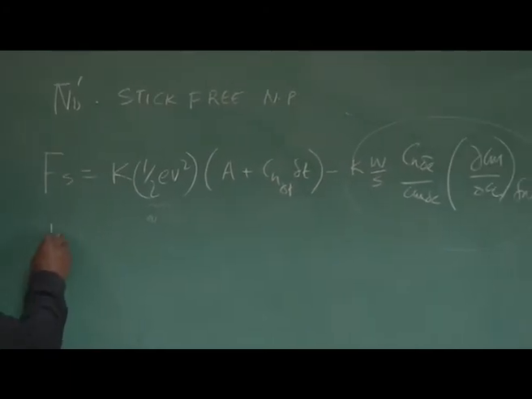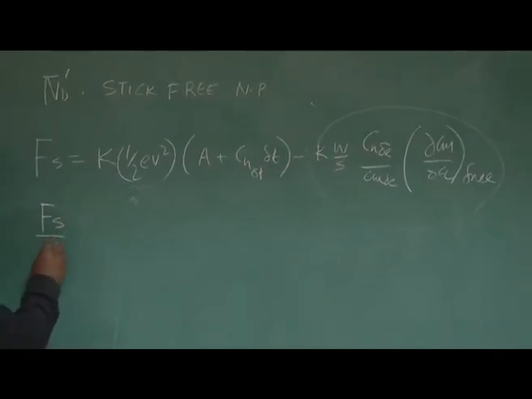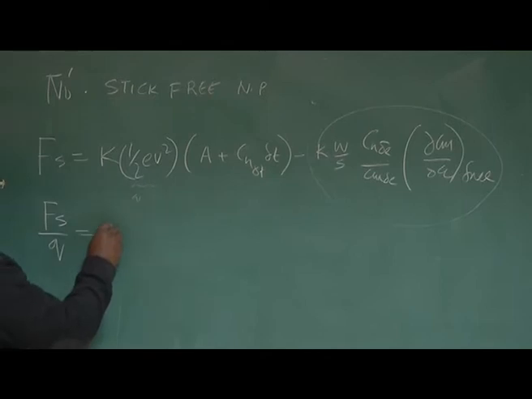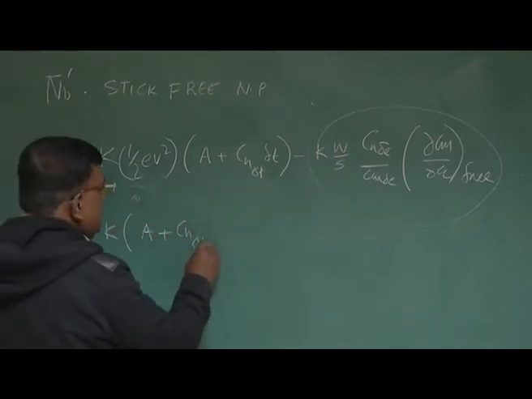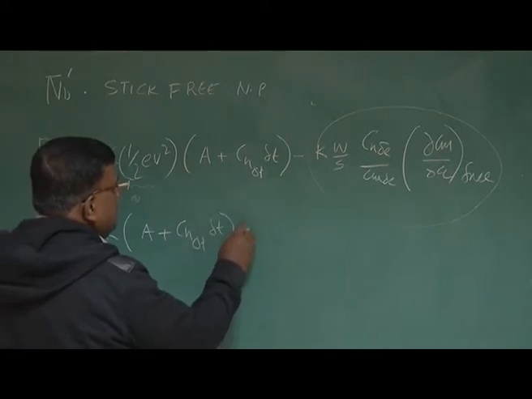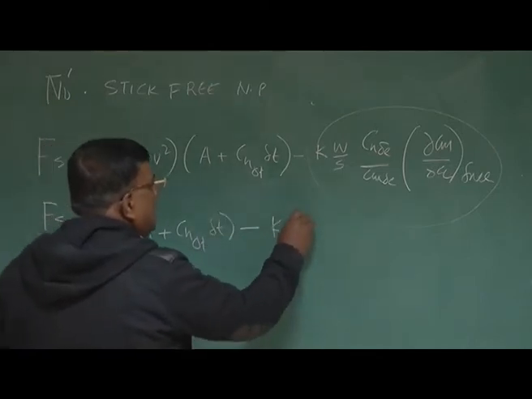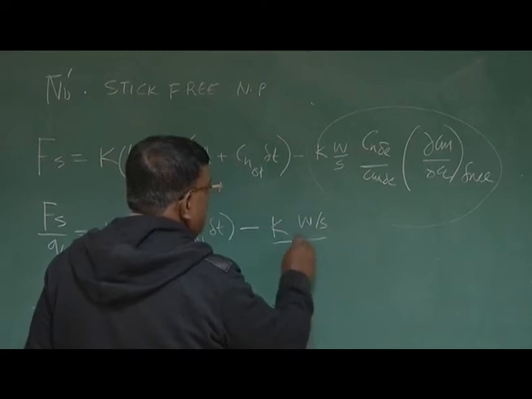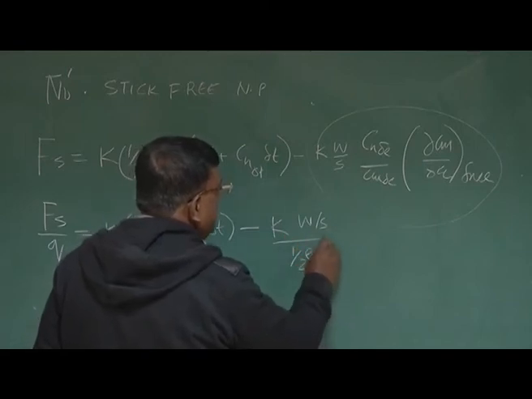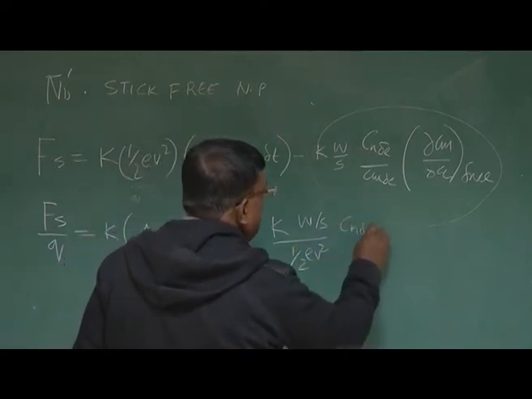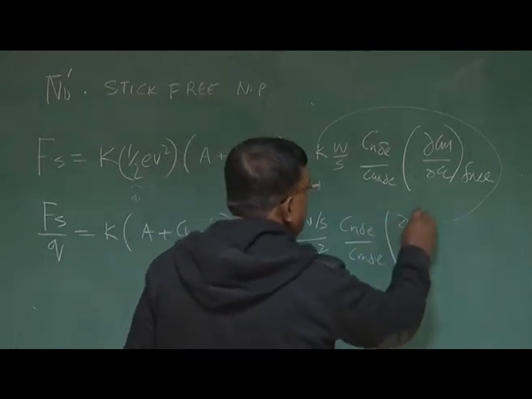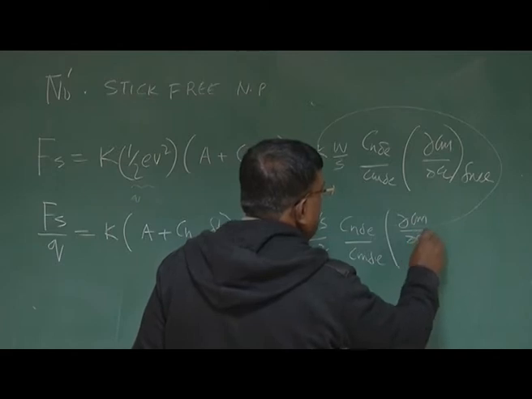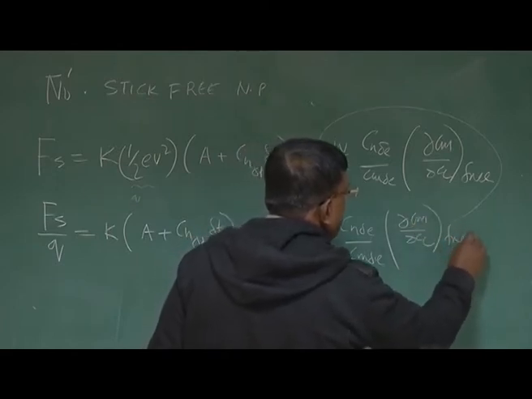Now we divide both sides by Q. So here it is Fs by Q. Here it will become K A plus CH delta T into delta T. And here it will be K W by S by half rho V square CH delta E by CM delta E into dCM by dCL free.